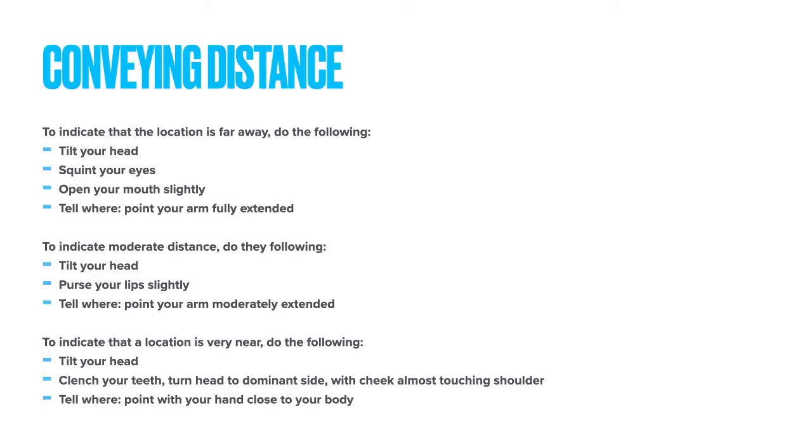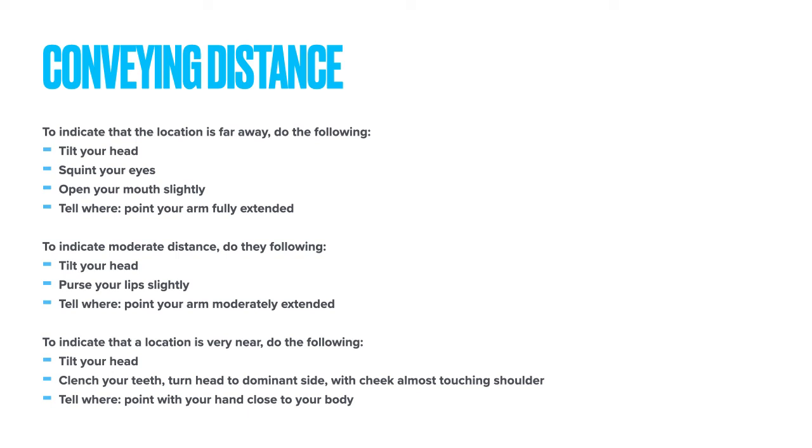Okay, some ways that your facial expressions can help you to convey distance. To indicate that a location isn't very far away, you're going to do the following that's on the slide. You're going to tilt your head slightly. If you do any of these dramatically, it would probably be a pretty funny TikTok.